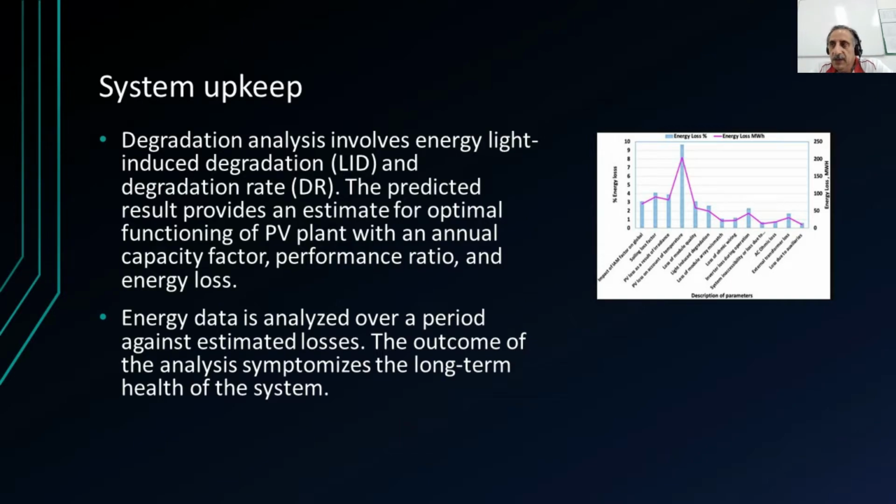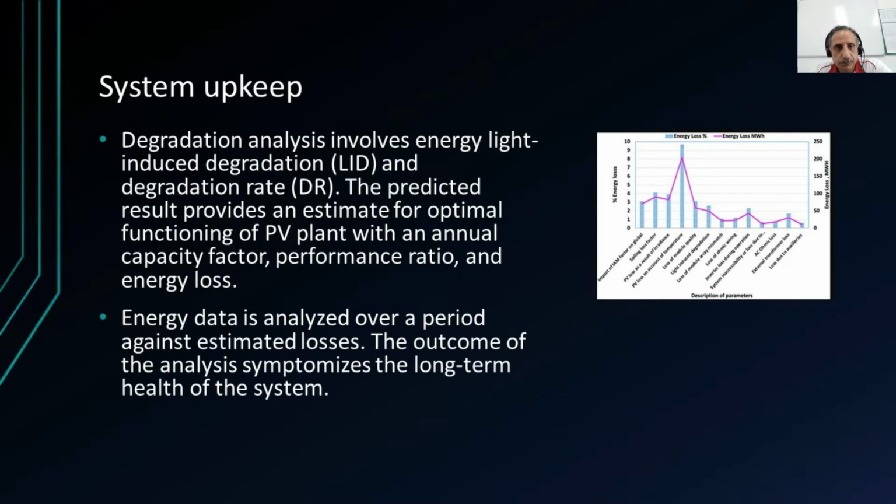For example, in the first year, the performance ratio may have been 85%. However, the second year we do not expect it to be that high. It could be maybe 84%. However, if the performance ratio falls below that value consistently over a period of time, then we need to analyze why that could be so.